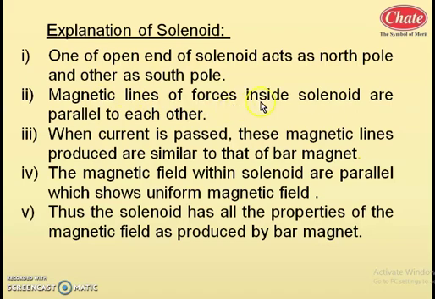Magnetic lines of force inside the solenoid are parallel to each other. When current is passed, these magnetic lines produced are similar to those of a bar magnet. Whatever magnetic lines are produced inside this solenoid are similar to the bar magnet.